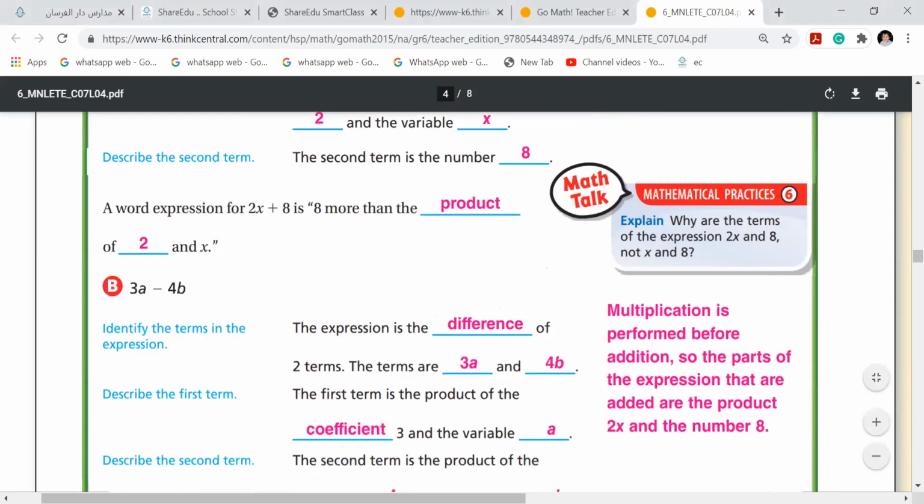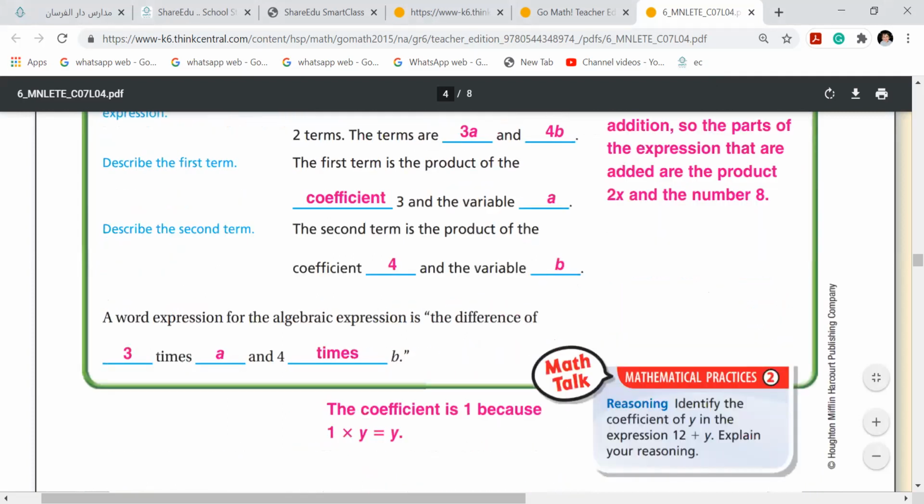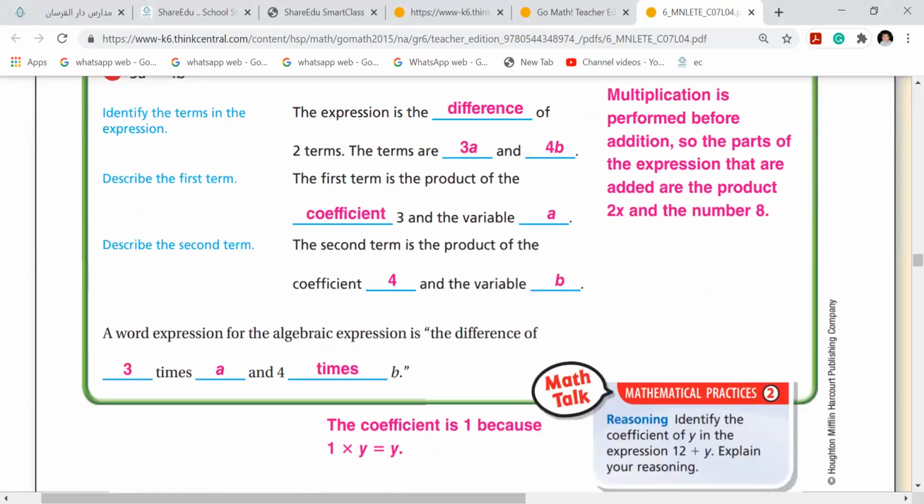Did you write, girls? The B one? Write down B. Did you write A or no? Yeah, Miss. Let's write down B. So, Miss, we don't write A or we write it? You have to write A and B both. No, we didn't.